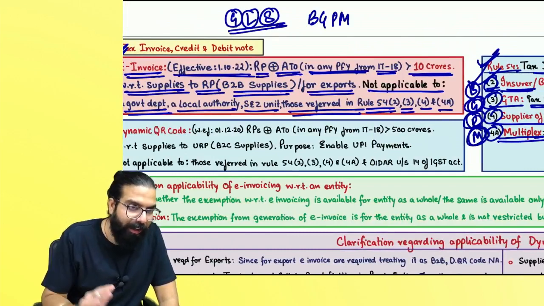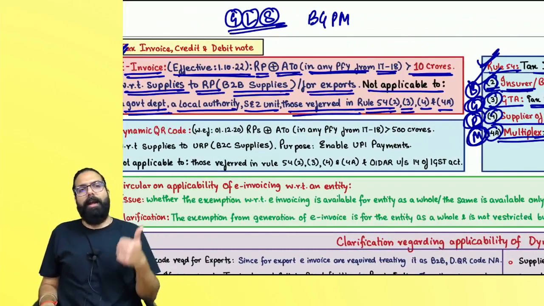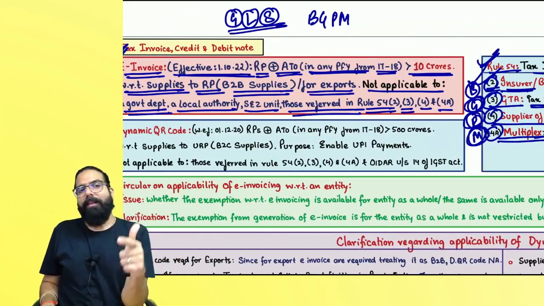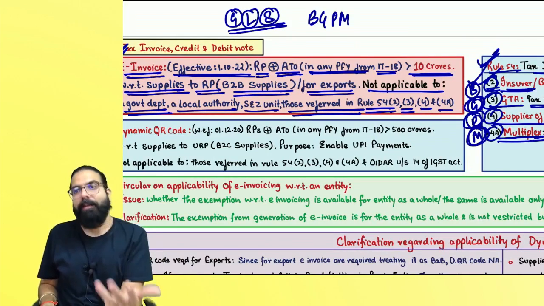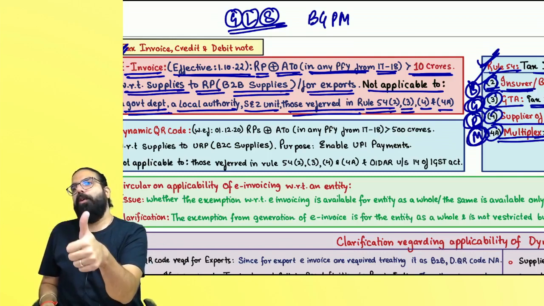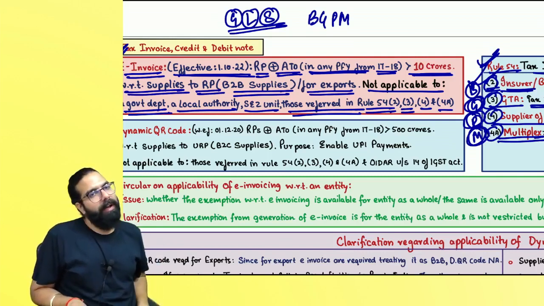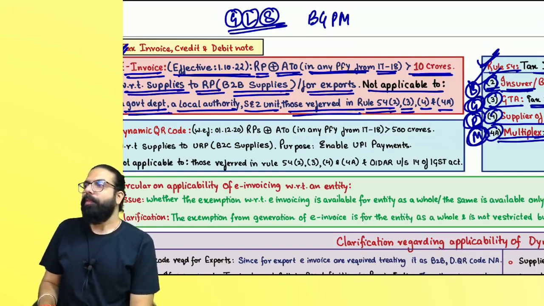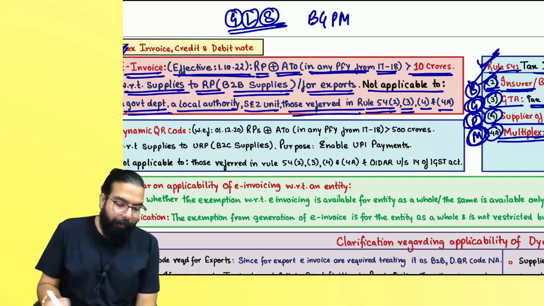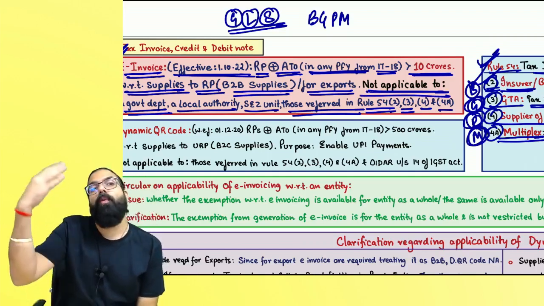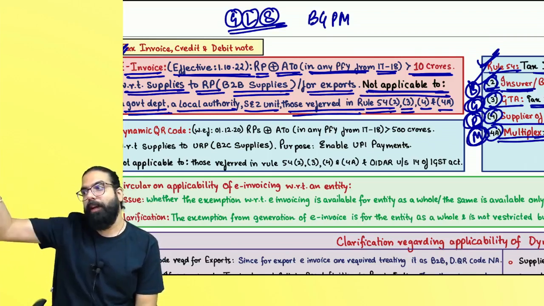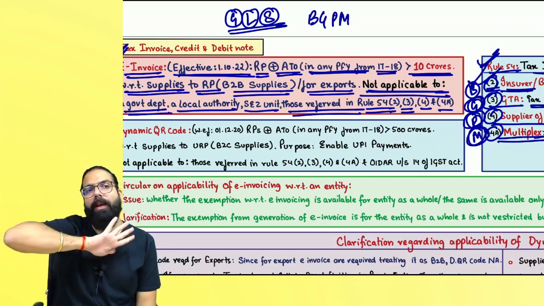Say Mercedes GLS: B for banking company, G for GTA, P for passenger transportation services, M for multiplex, G for government department, local authority, and S for SEZ unit. Remember one thing: these people are not required to do e-invoicing. So even if their turnover is more than 10 crore, they will not be required to do any e-invoicing.